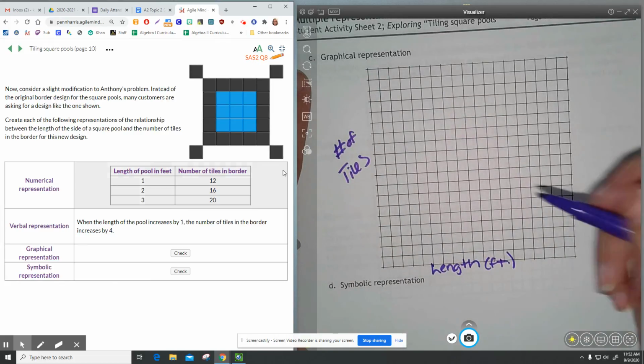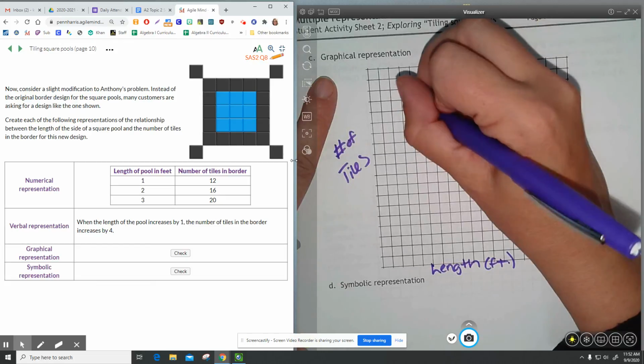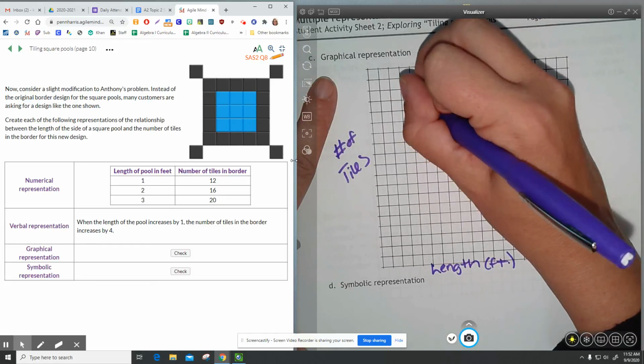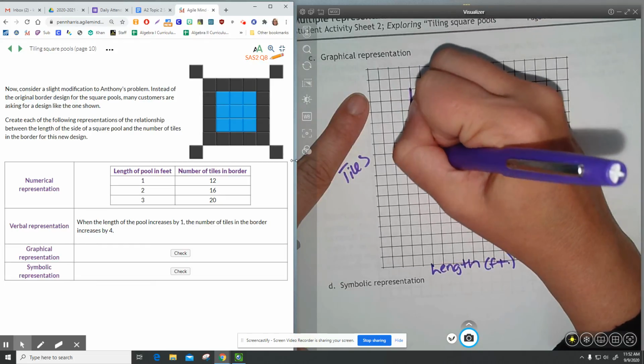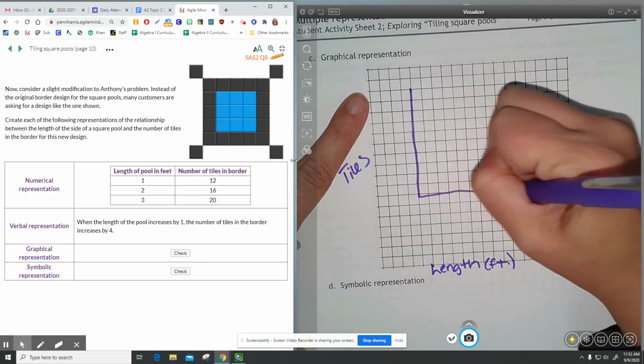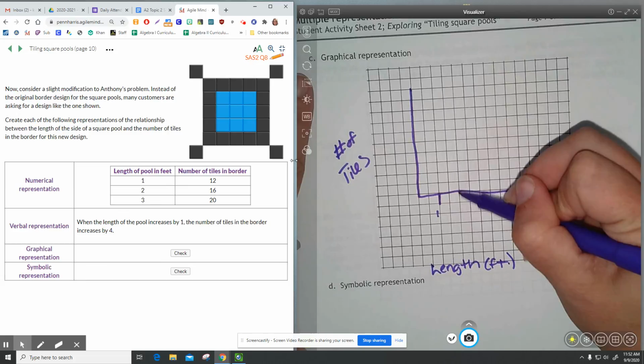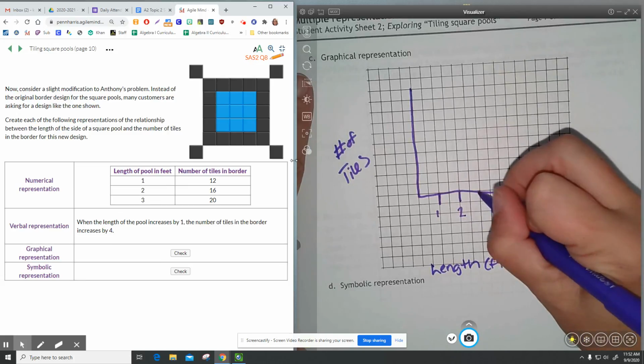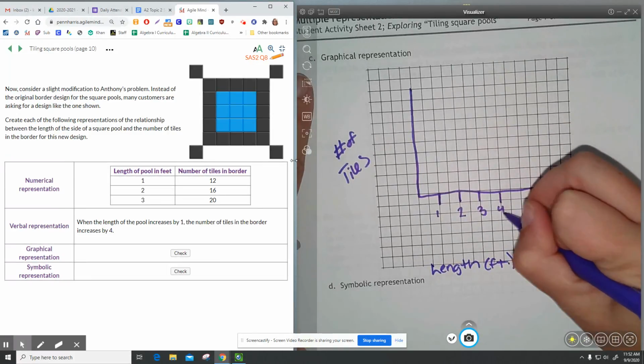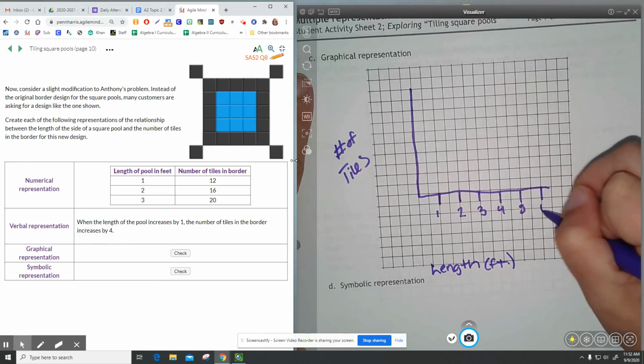I'm going to make this graph a little smaller. We do not need all of this space. In fact, I'm going to make this a 1, 2, 3, 4, 5, 6.